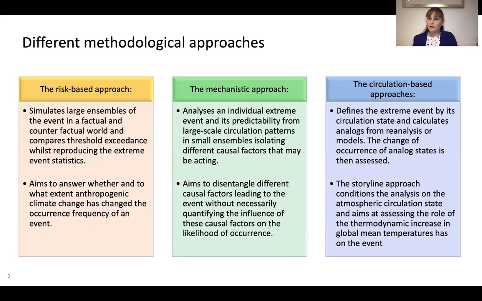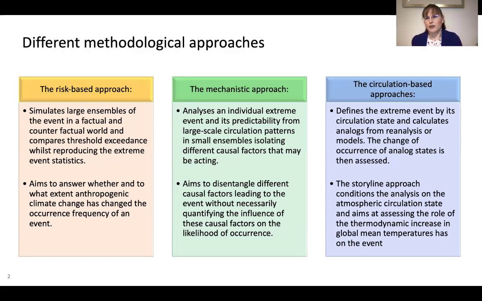So this is really useful for letting us know how these extreme events come about, but the deficiency is it doesn't really tell us how we're changing the likelihood of getting these particular extreme events.